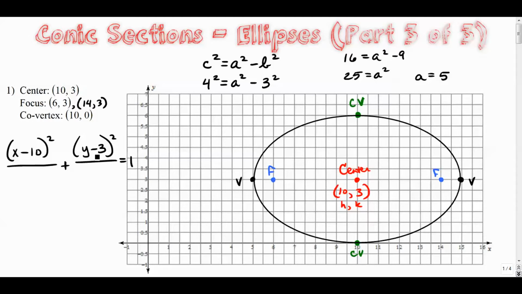This is a horizontal major axis, right? The ellipse is stretched left and right, so our major axis is horizontal. When that's the case, your a squared comes underneath the x binomial, and the b squared goes underneath the y binomial. And there you go.